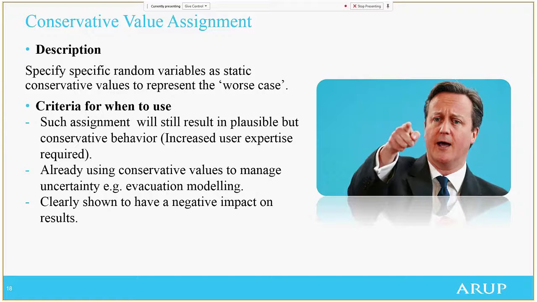Now, in certain situations, especially in evacuation modelling, we already use conservative values to manage uncertainty. If you're employing that already, then maybe it's of no impact. Also, if you are changing values, you have to be sure that it's not going to have a negative impact upon the results.